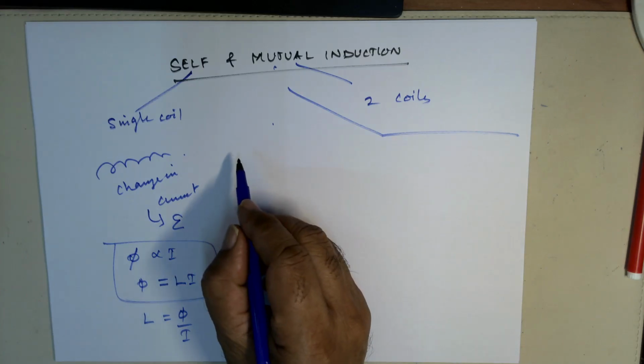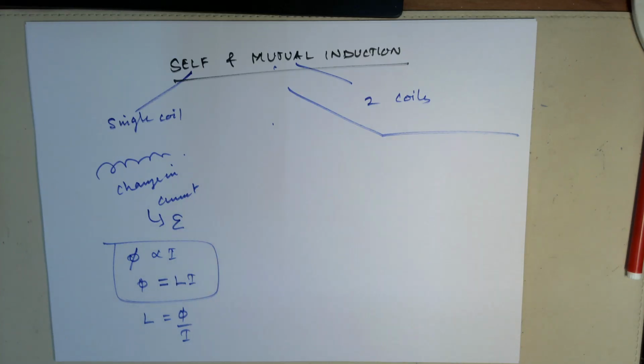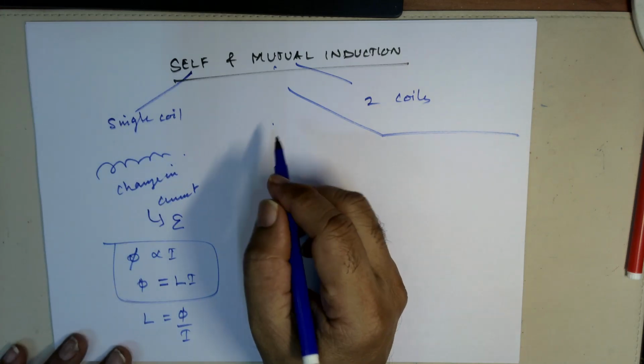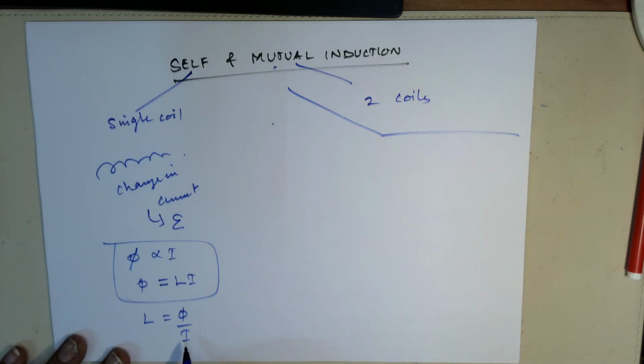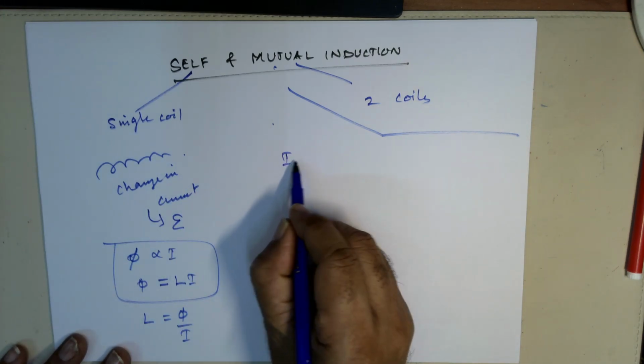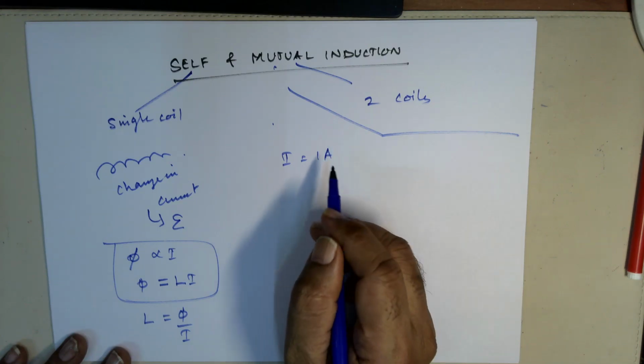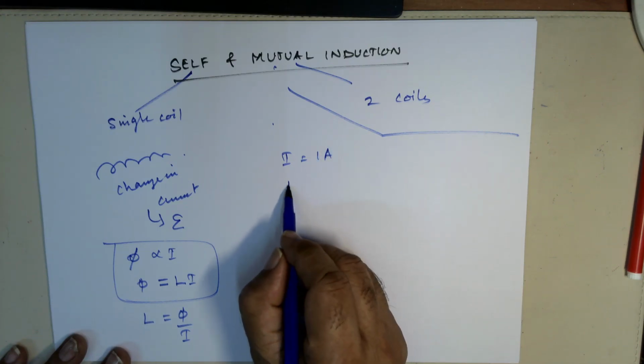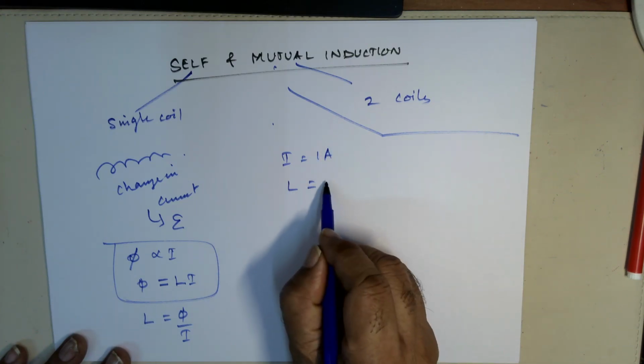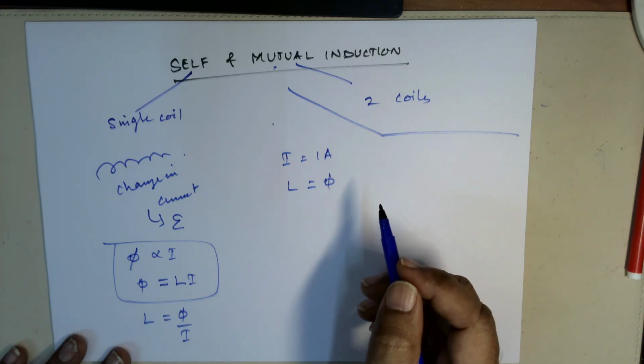Now let us analyze the unit of this self-inductance. You know L is equal to phi by I. Let me consider I as 1 ampere. In that case, L becomes phi.